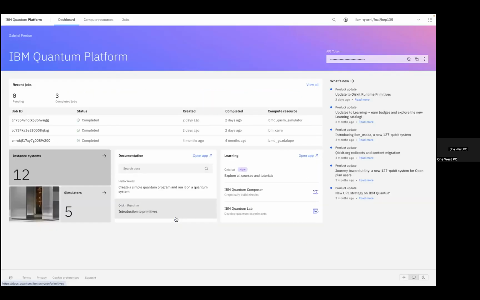And if I go over, we can look at it live. Here I am logged in. All right, so here's the quantum composer.